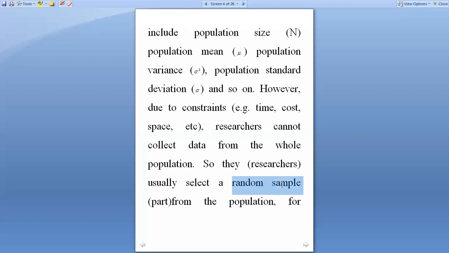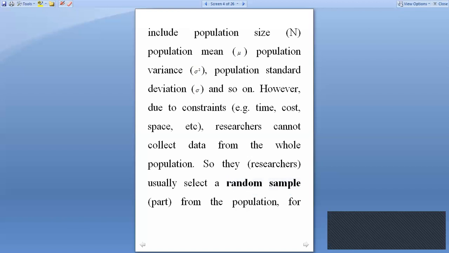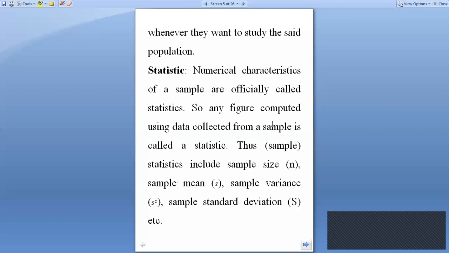We usually select a random sample from the said population. We collect data from that sample whenever we want to study that population.